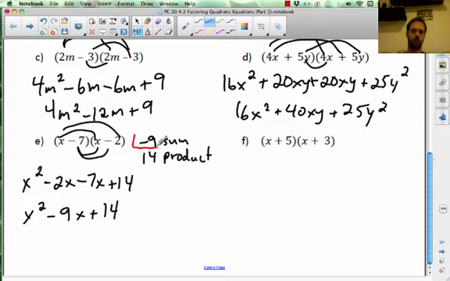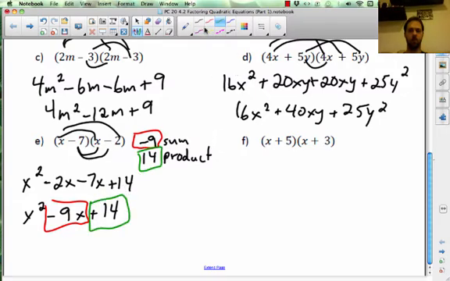Alright, now notice that when we added those two numbers, they gave us that, and when we multiplied those two numbers, they gave us a positive 14. So let's see if that same thing works for the next one here. We have 5 and 3. They add up to 8, so that's the sum. And they multiply together to give you 15, so that's the product.